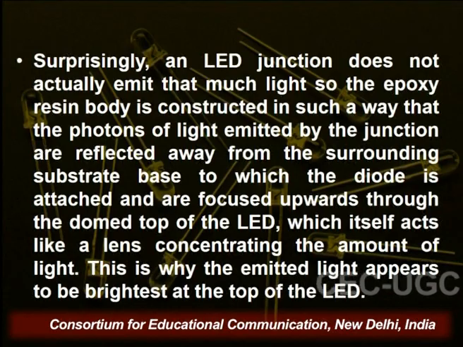That will be used for producing the colored light, as it will enhance the color. The epoxy resin body is constructed in such a way that the photons of light emitted by the junction are reflected away from the surrounding substrate base to which the diode is attached and focused upwards through the top of the LED.